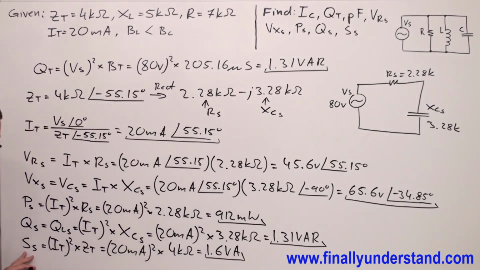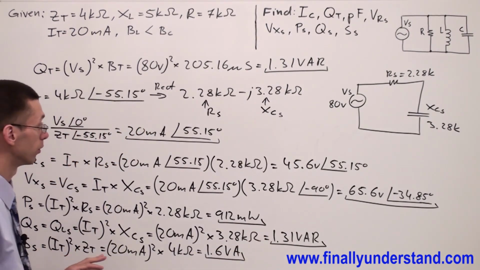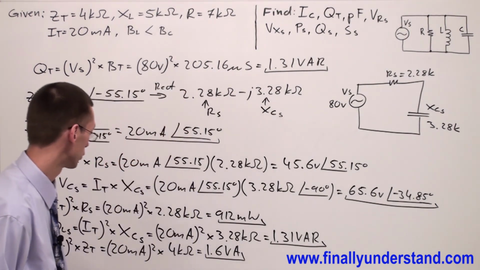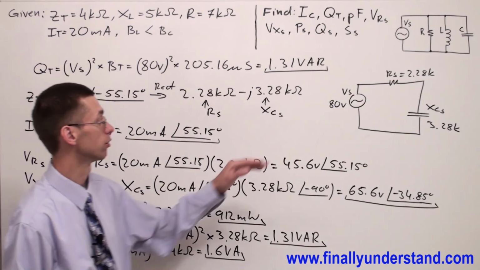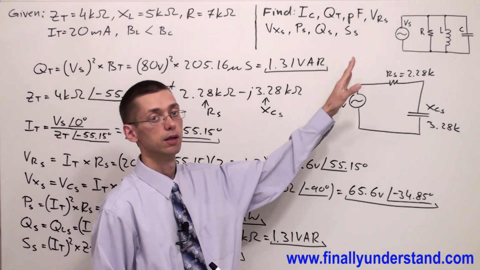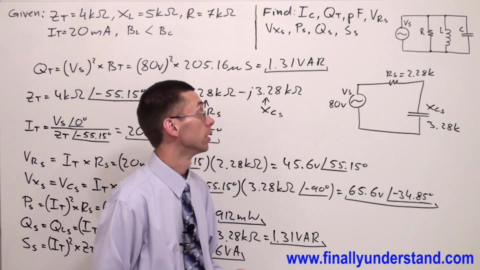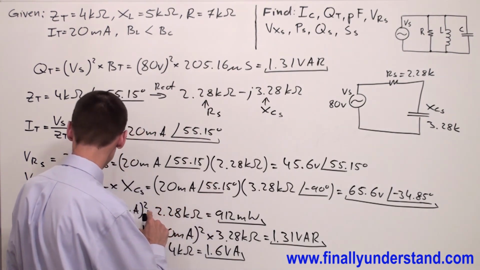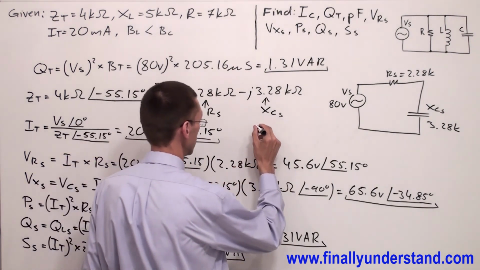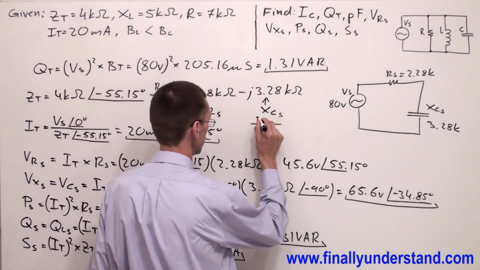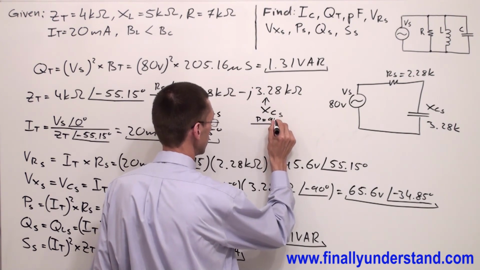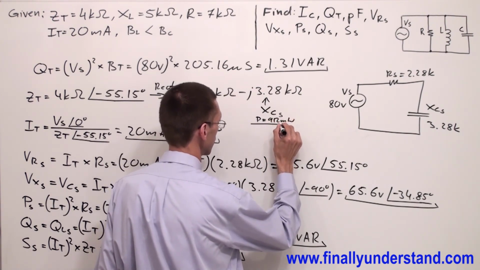We found also the apparent power, so we can draw the power triangle. The power triangle which we are going to draw for the series equivalent circuit is going to be the same as for the parallel circuit. So we have true power, this is my P true, equals 912 milliwatts.